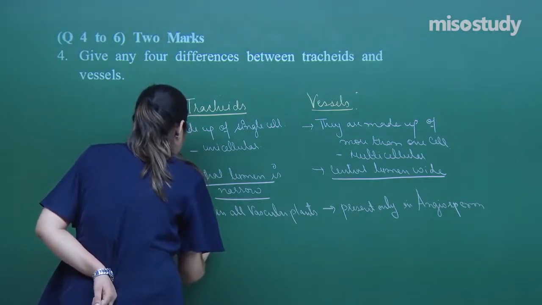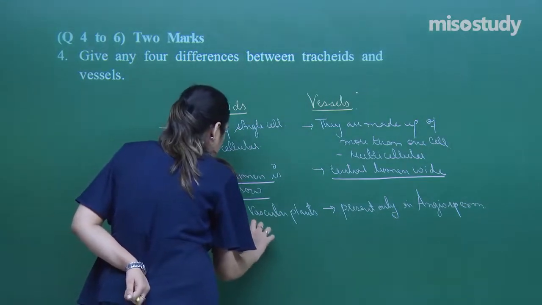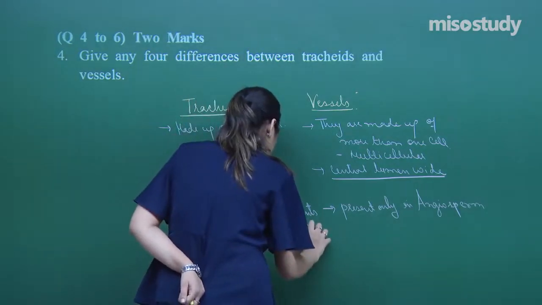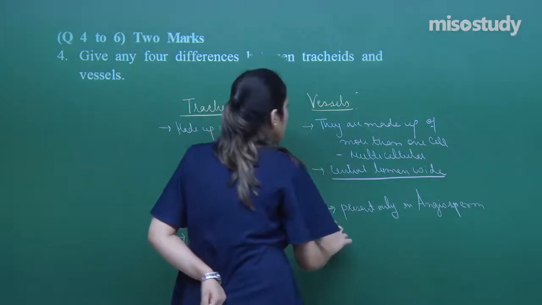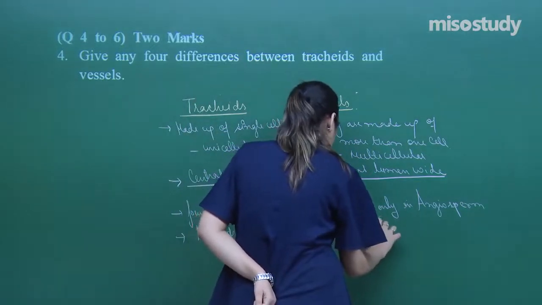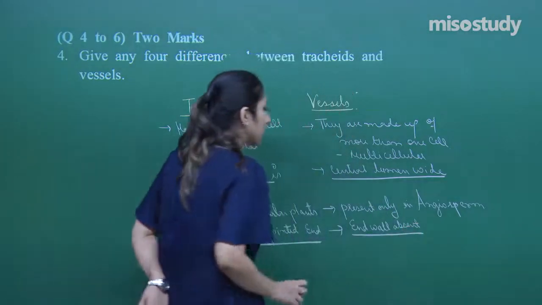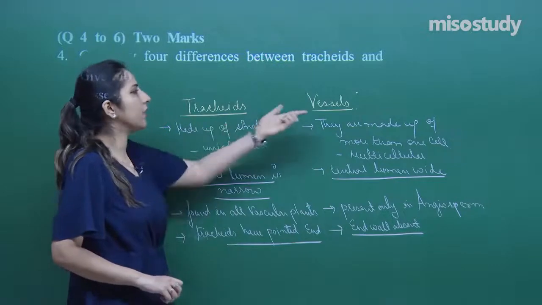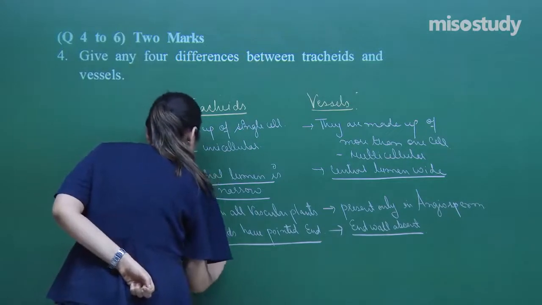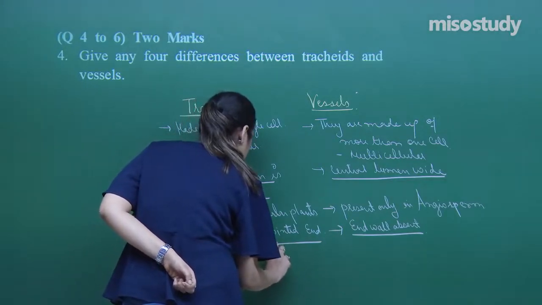Tracheids have pointed ends, whereas in vessels the end walls are absent. Tracheids are shorter but dead at maturity.